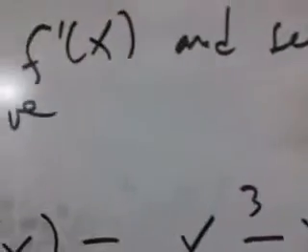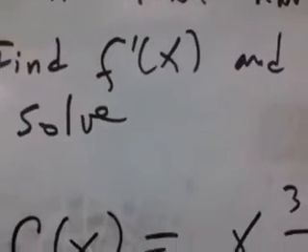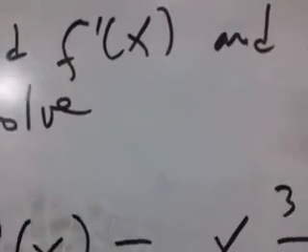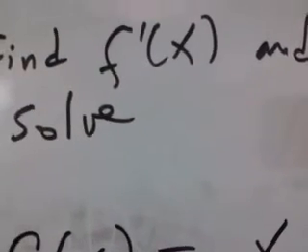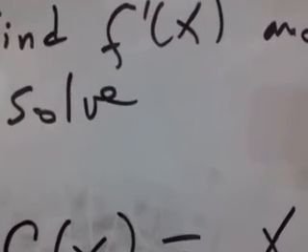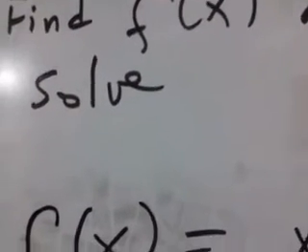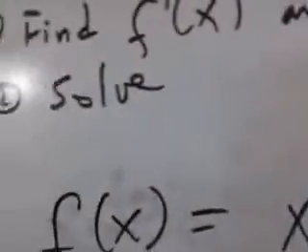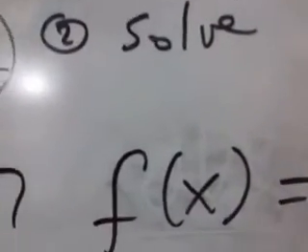So to find the x value of the point wherein the tangent line intersects the graph, we have to find the first derivative, set it equal to 0, and then solve it. That's what we have to do in number 27 first.